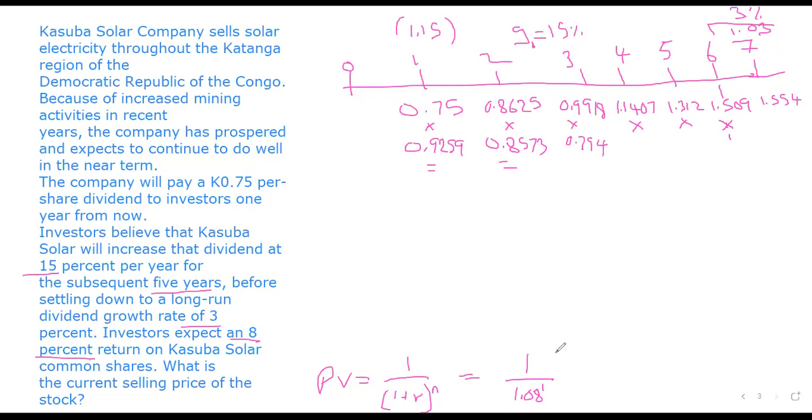Next. 0.7350. Then 0.6806. Then here 0.6302.